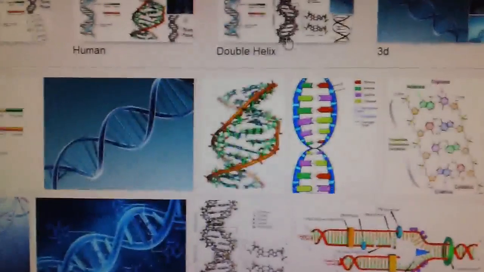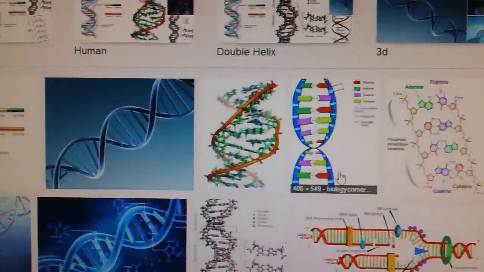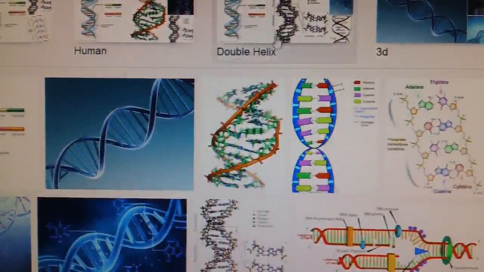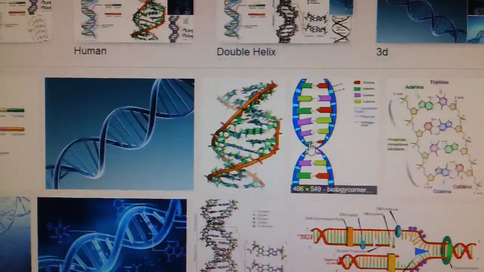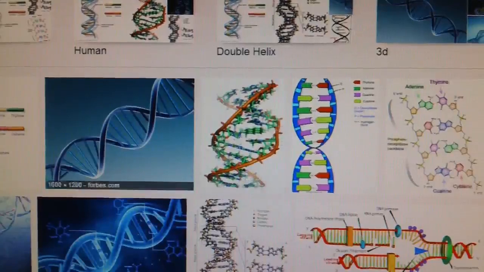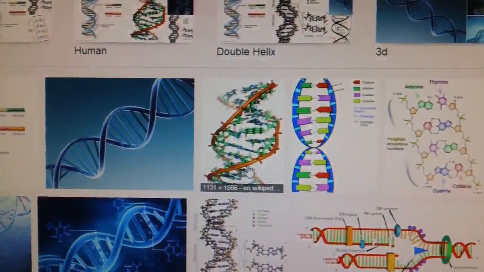Let's go ahead and go back to DNA strands. Okay, here's the DNA strand right here. It basically looks like two serpents that are entwining themselves, going up or down in a particular direction. The reason why I'm bringing up the serpent is because this is a good example, visually speaking, of how the Kundalini works and how Adam and Eve were defiled by the serpent.